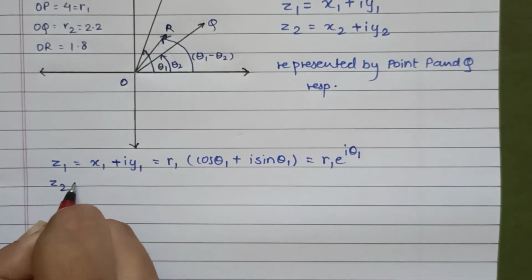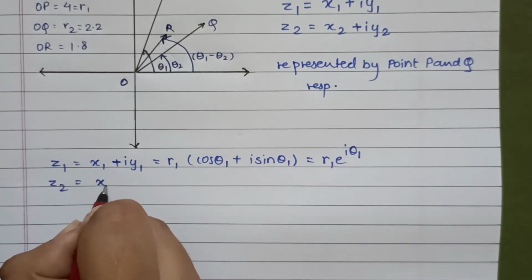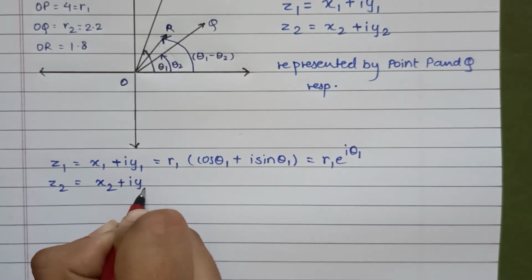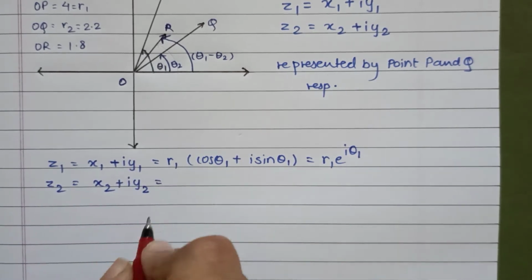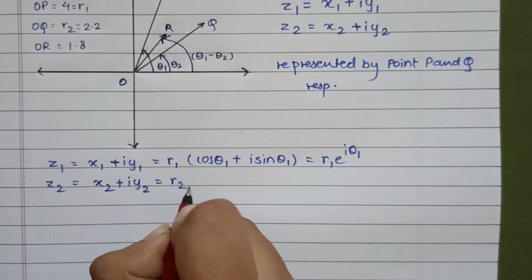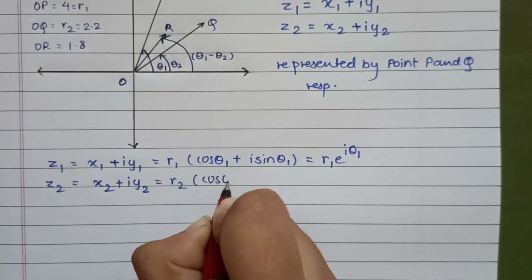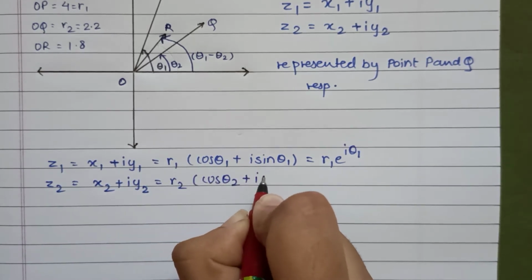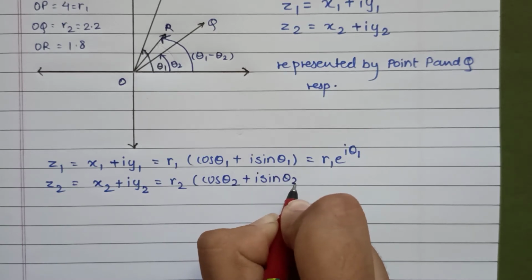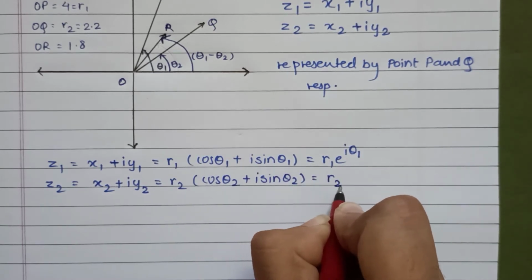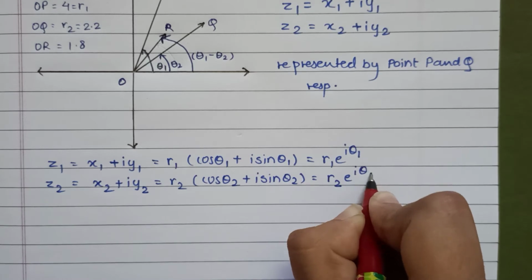Z2 is equal to x2 plus iy2 equal to r2 cos theta 2 plus i sin theta 2, that is equal to r2 e raised to i theta 2.